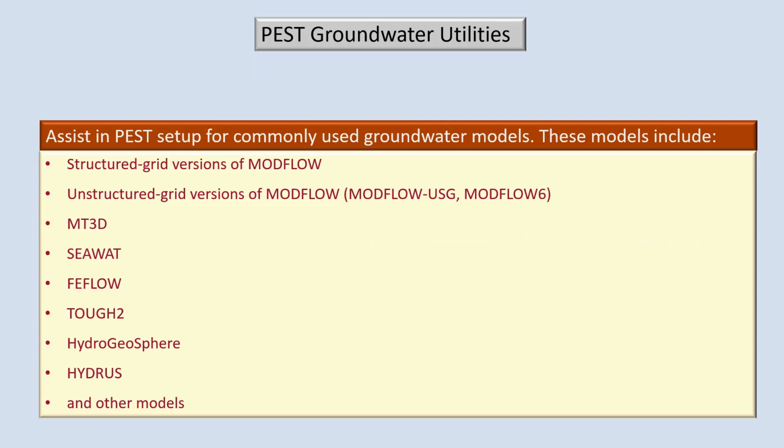Some of the utilities were written to expedite use of PEST with specific models, for example, all members of the ModFlow suite. Some of them are more general and can be used with any type of model and have been used to facilitate the use of PEST with all the models listed in this table.